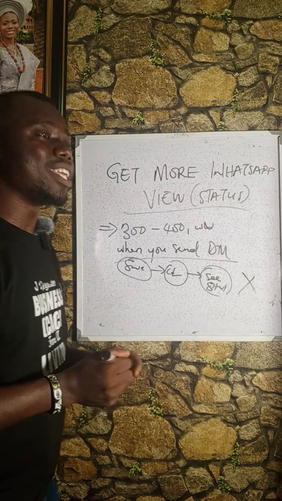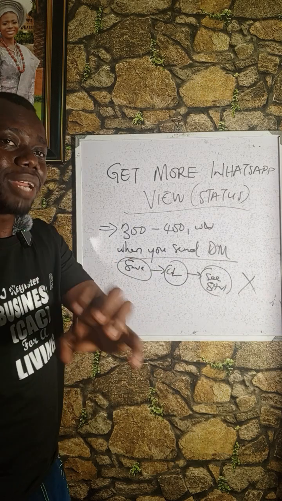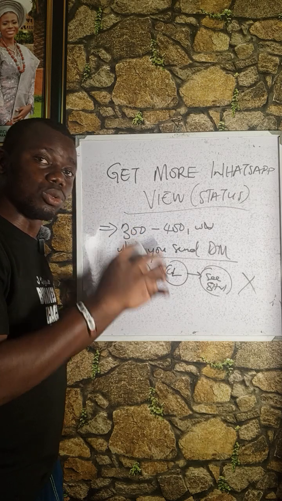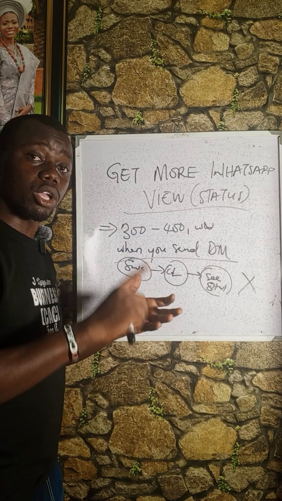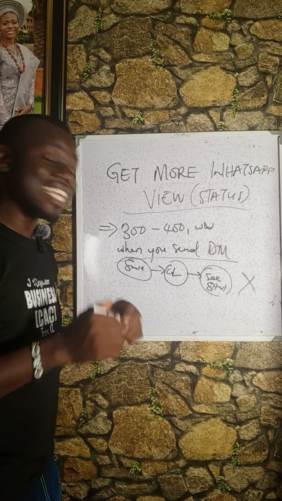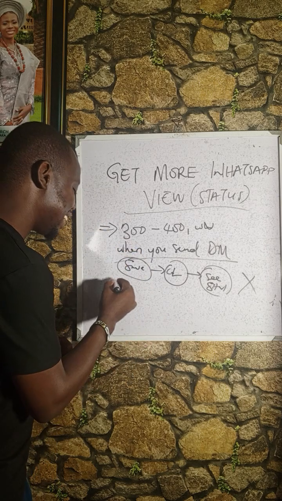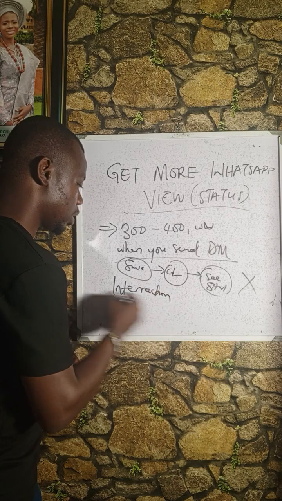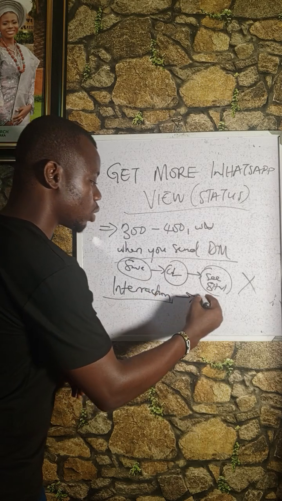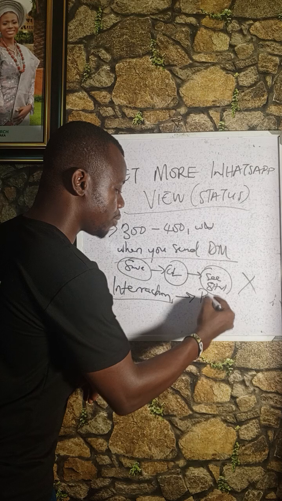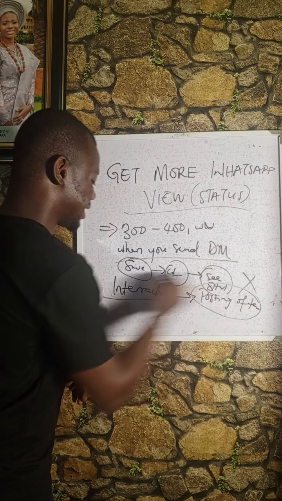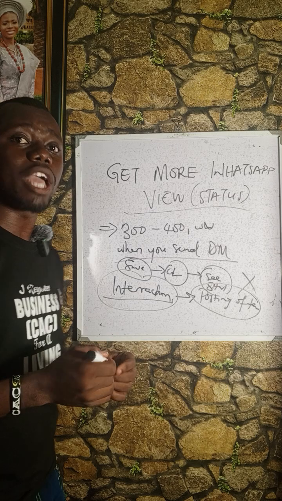So now, the only condition WhatsApp will use to bring your status to an individual, your customer or your client, is that you interact with them. So it's now based on interaction rather than on posting often. Do you understand? It is more on interaction than you just posting every other time.